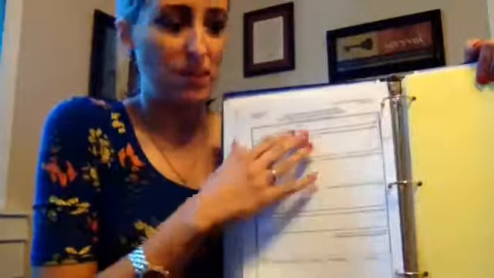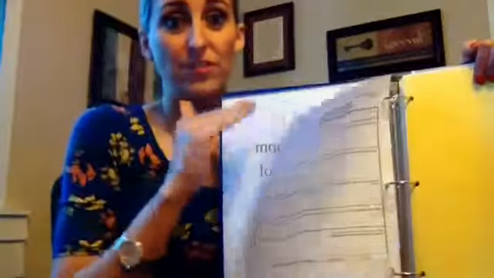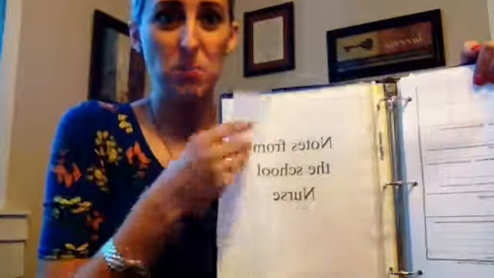Possible side effects that a medication might cause, it'll all be included on this. And this goes actually right after the student's IEP as well. And then any notes from the school nurse that she sends home, you keep in this section.